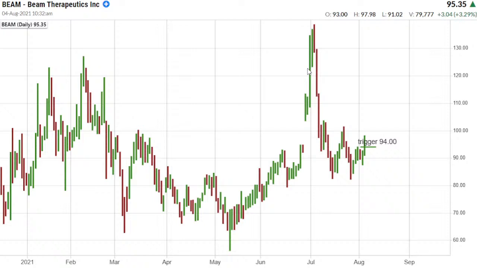Generally I like at least 5 trading days to go by before a stock gets opened and closed because of earnings ahead of time. So yeah, this is a tricky one.